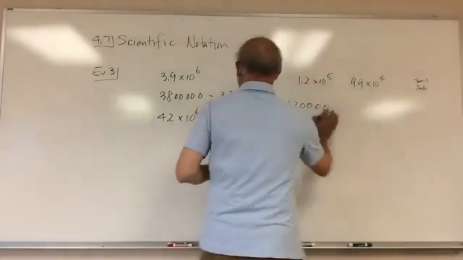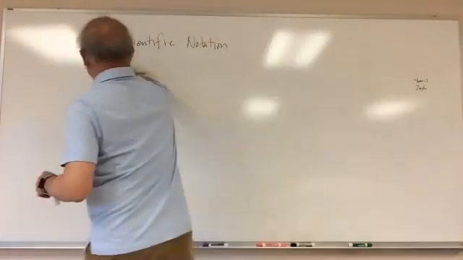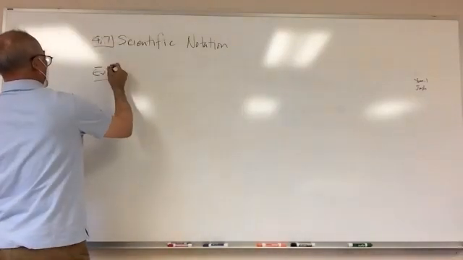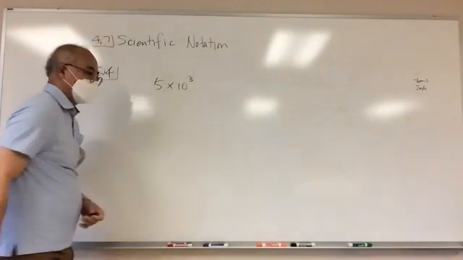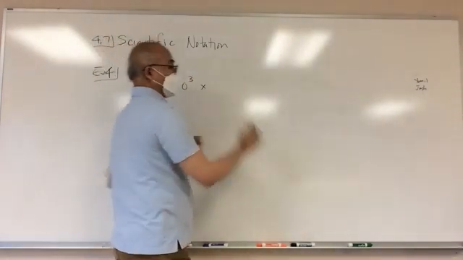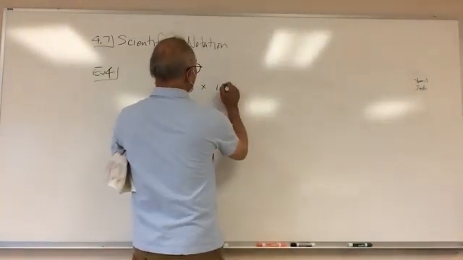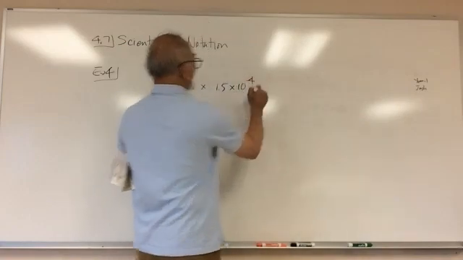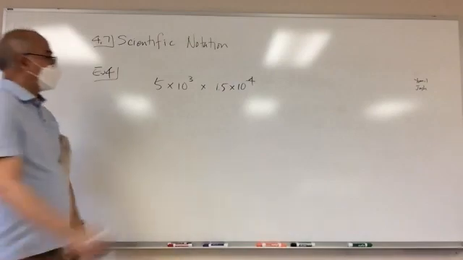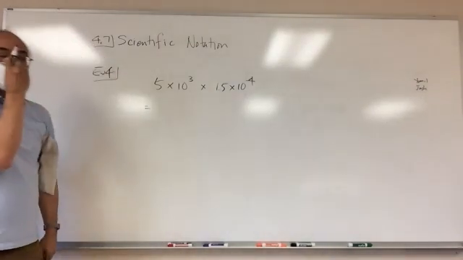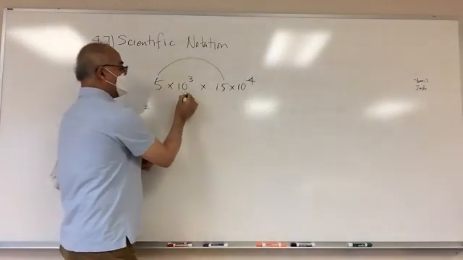So if I have this many Wolffia plants, and each one of them is going to weigh 1.5 times 10 to the negative 4th, I'm multiplying those two together, correct? So the way you do this is you multiply the numbers together, and then you multiply these guys together.